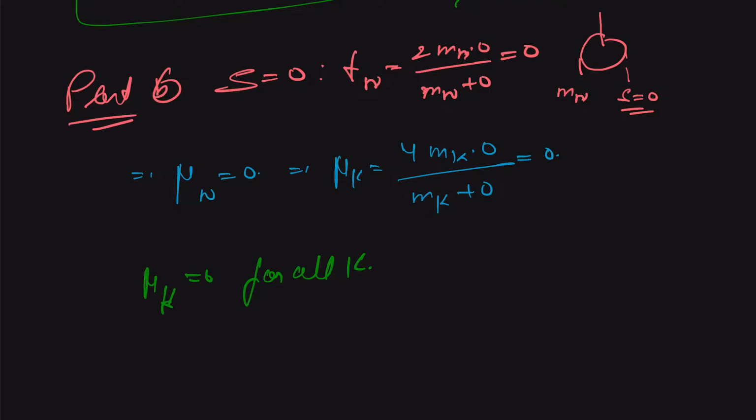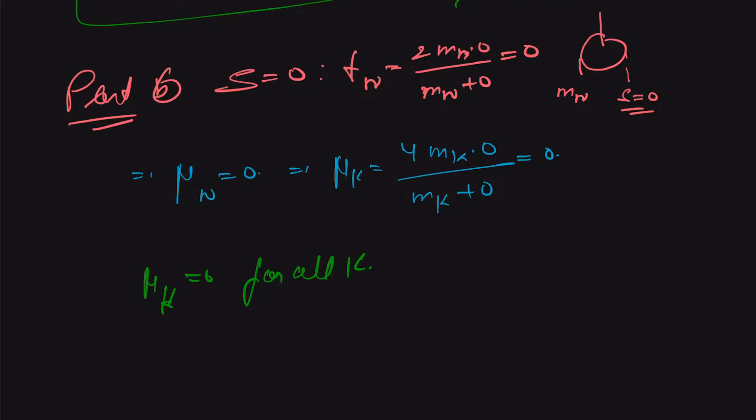And if we have this for all values of k, therefore we can write v of k is equal to 0.